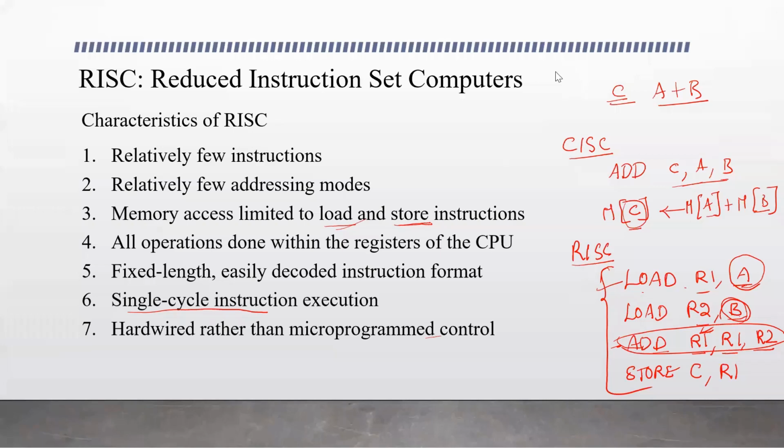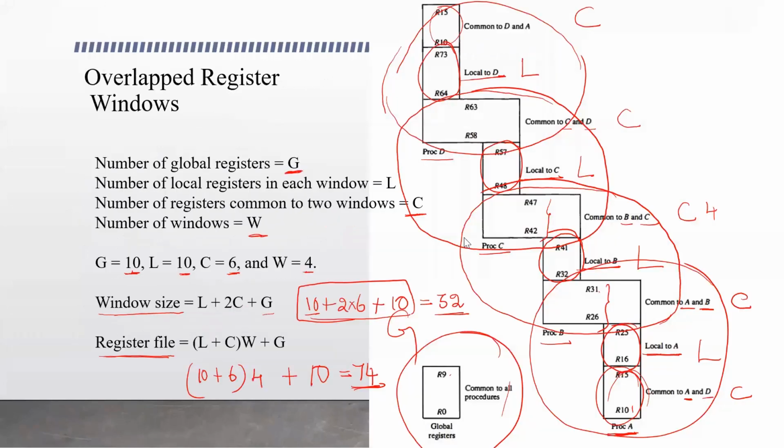How is the number of windows equal to 4? One window is a group of 2 common sets of registers and 1 local set of registers. What I have circled here, enclosed in this circle, is a window.